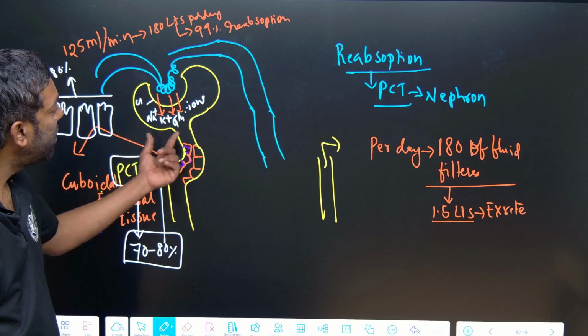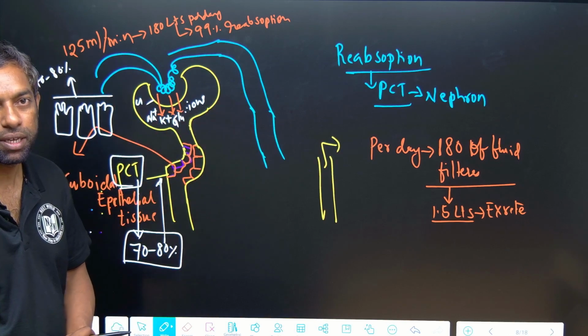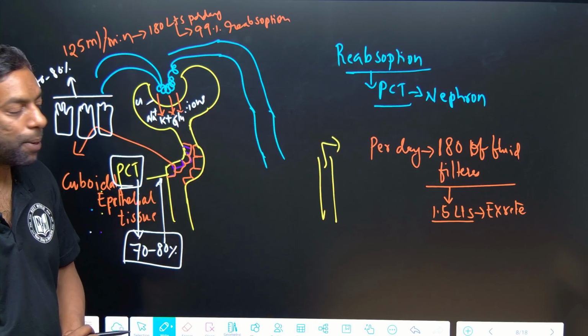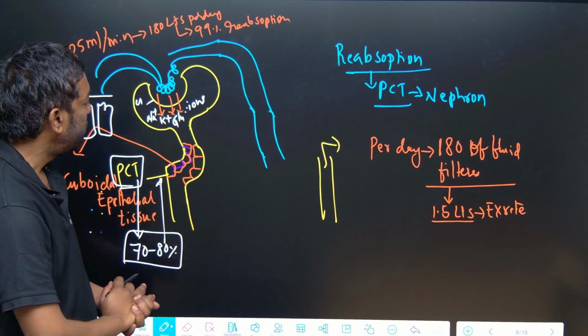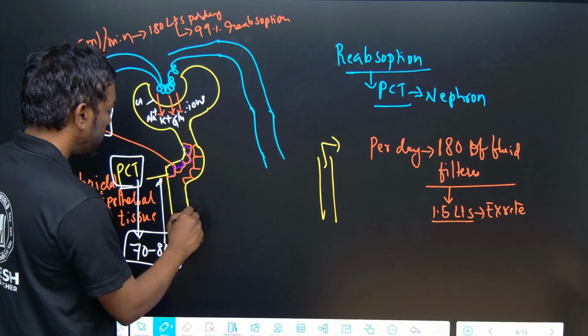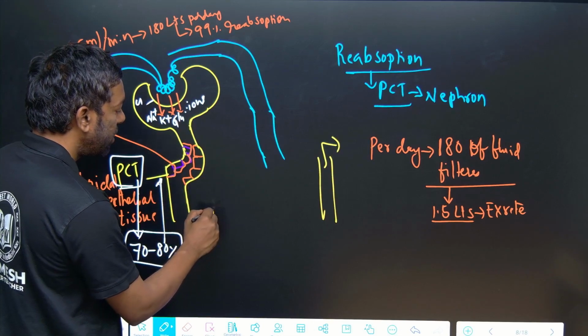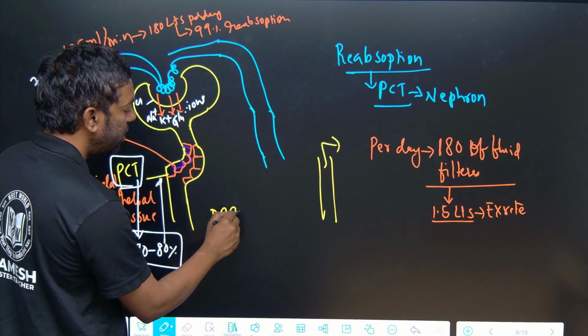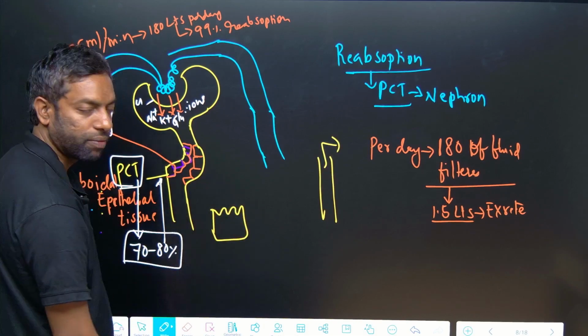So reabsorption should take place somewhere. In this way, the PCT part has cuboidal epithelial cells.